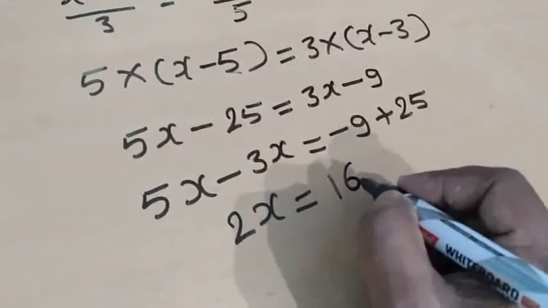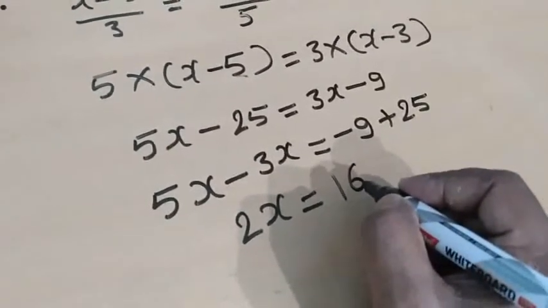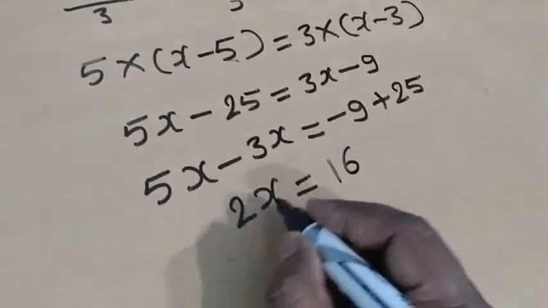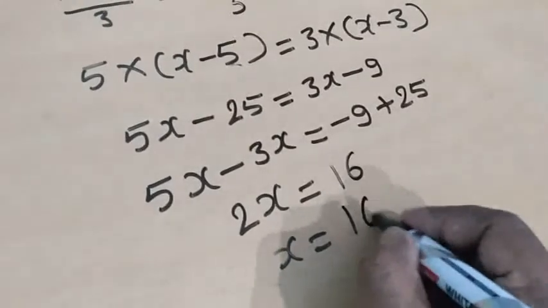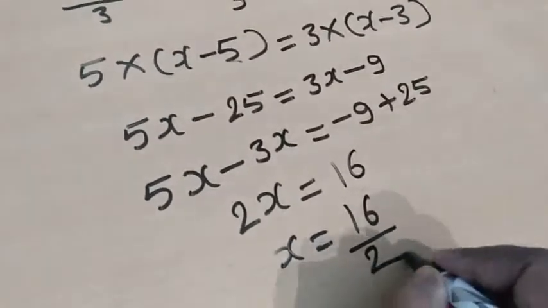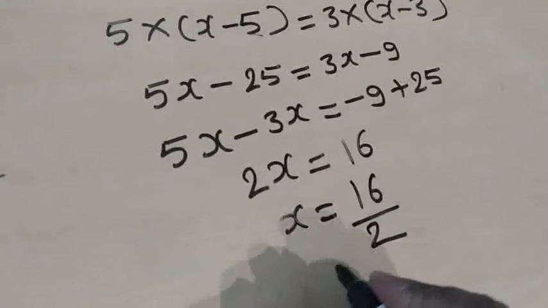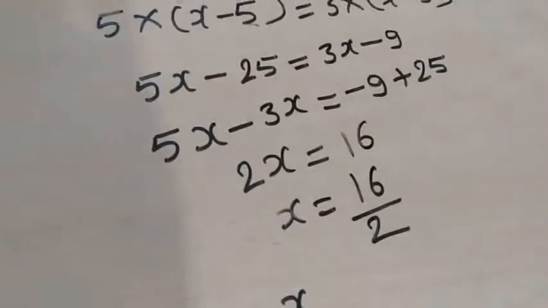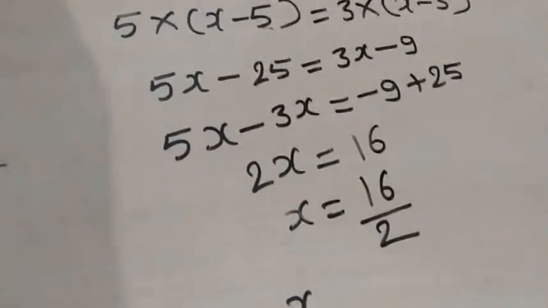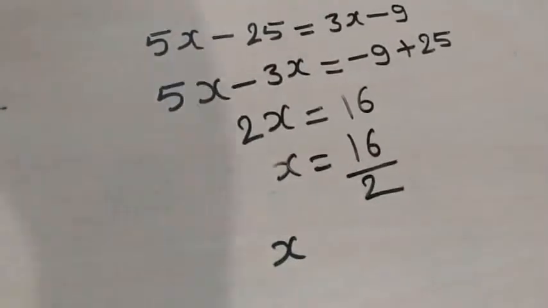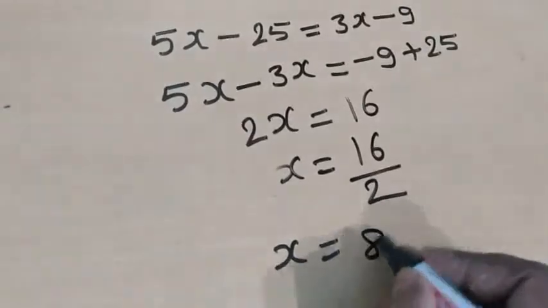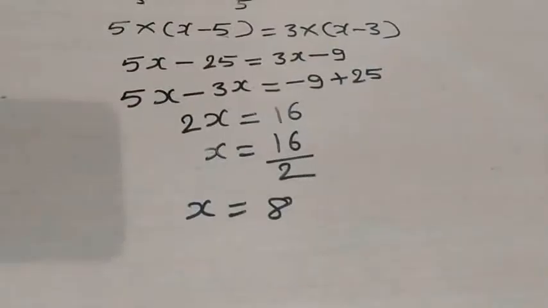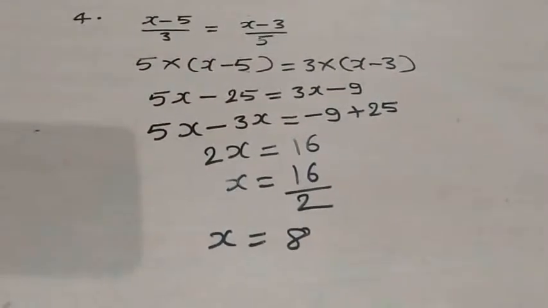Clear? Now 2x is equal to 16, so x is equal to 16 by 2, x is equal to 8.